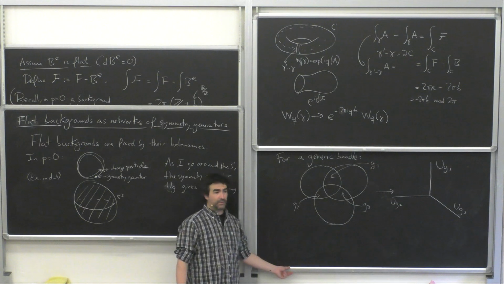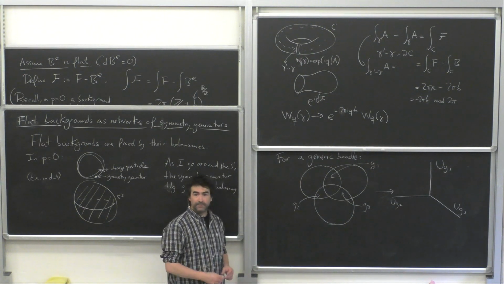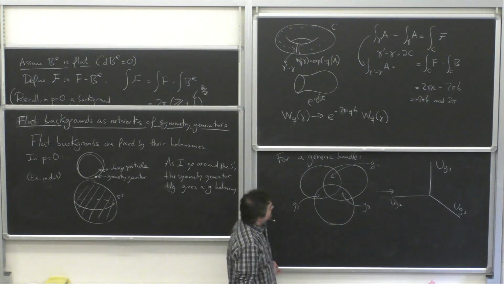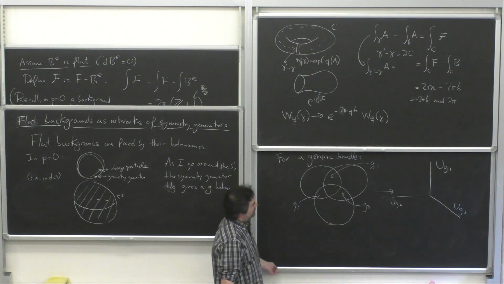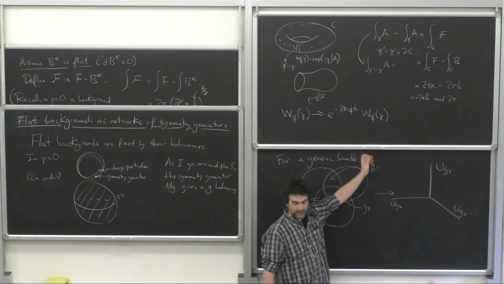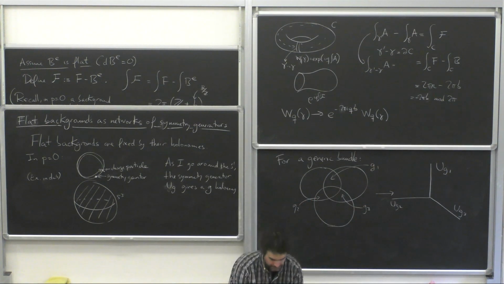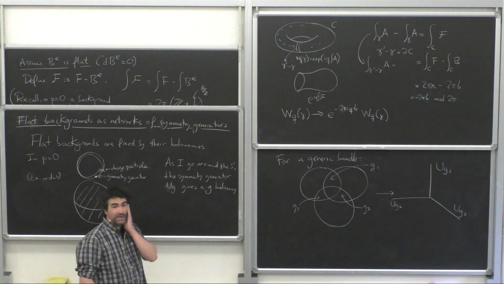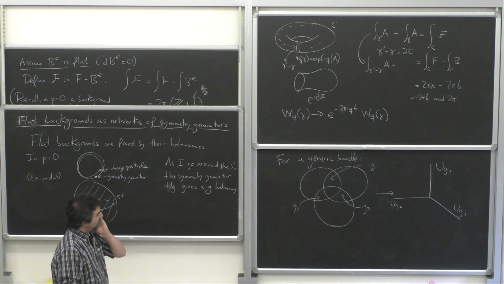The action on operators will be exactly the same. The holonomies will be the same by construction. But in practice, this is often a good way of thinking about what backgrounds are.